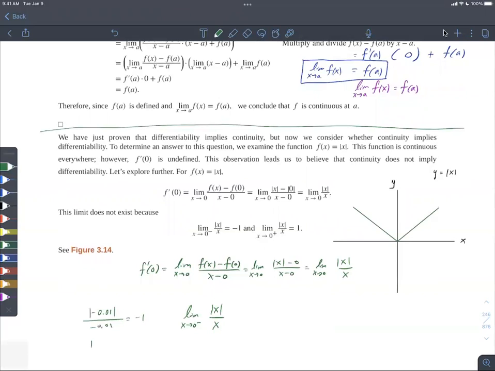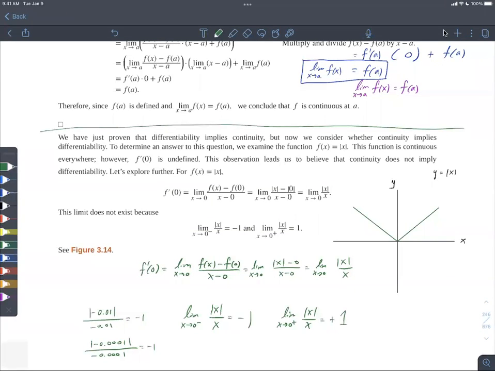You can choose a smaller value, negative 0.0001, divided by negative 0.0001. Again, we get negative 1. The value that we are approaching from the left side is negative 1. Then if you look at the limit from the right-hand side, it is going to be positive 1.